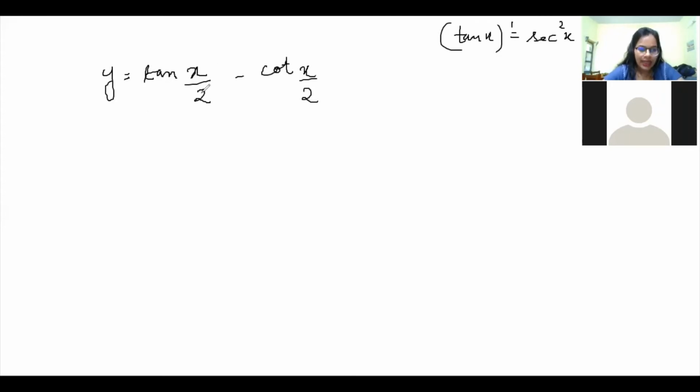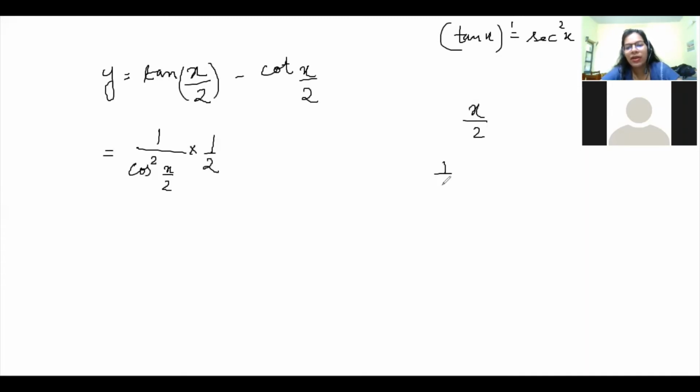So, tan x by 2 will become 1 by cos square x by 2, correct? Then we need to differentiate x by 2 also. What will be the differentiation of x by 2? It will be 1 by 2, because x by 2 is nothing but 1 by 2 times x. This is a constant and differentiation is with respect to x, so this becomes 1.